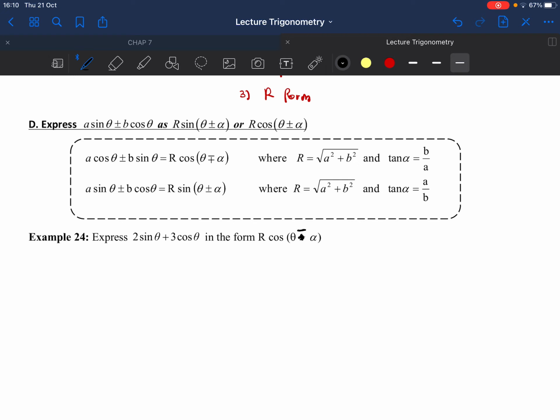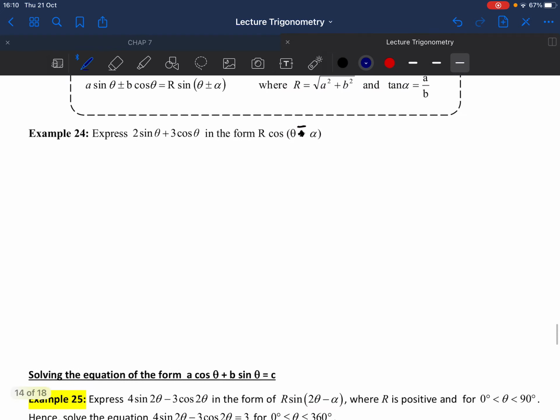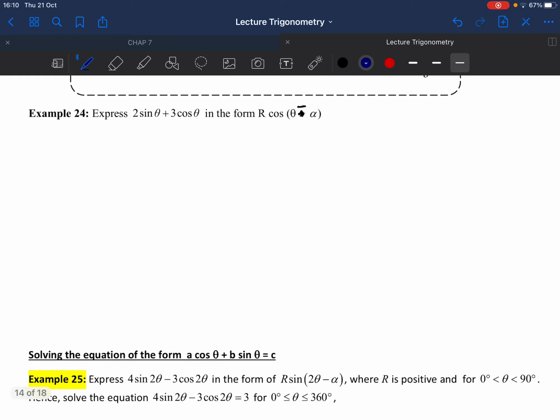First thing that you have to do is we have to let apa yang dia nak dekat situ, 2 sin theta plus 3 cos theta equals to R cos theta minus alpha. Okay, so kita lightkan dulu.